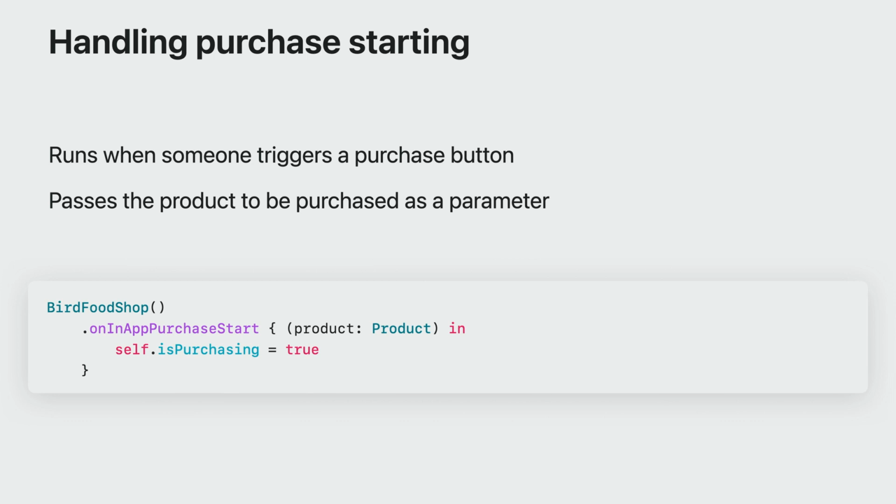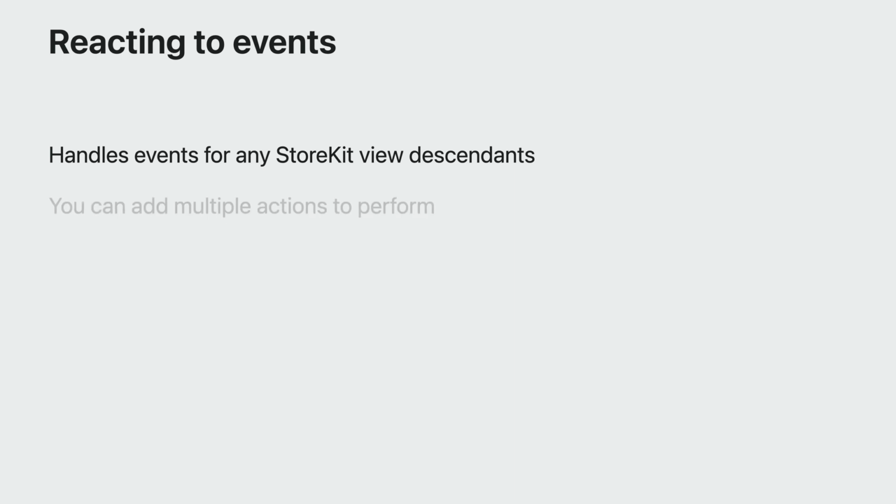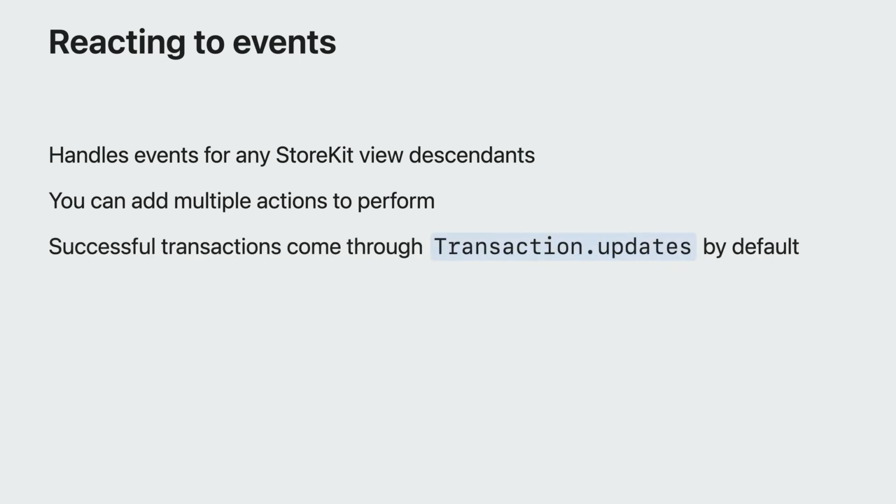The function you provide here receives the product that will be purchased as a parameter. When using these modifiers, it's important to note that they will handle events from any descendant product view, store view, or subscription store view instances. If you add multiple modifiers, all of your actions will run for each event. Keep in mind, using these modifiers is entirely optional.